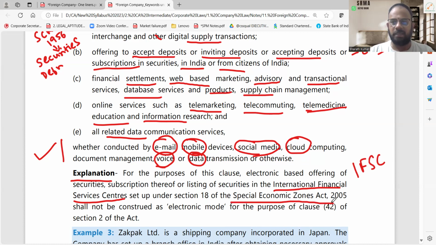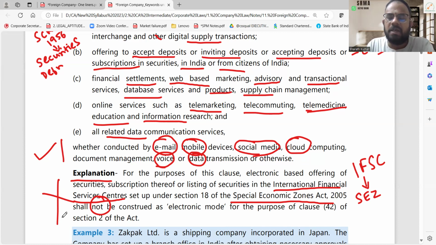You would have studied this in tax. The place where you don't need to ensure that tax is paid is a special economic zone. You have an act called the SEZ Act 2005. That will not be construed as an electronic mode. They will ask you this in MCQ. IFSC, can you consider that as an electronic mode? The answer is no, because that will come under the Special Economic Zone Act. So no, SEZ.